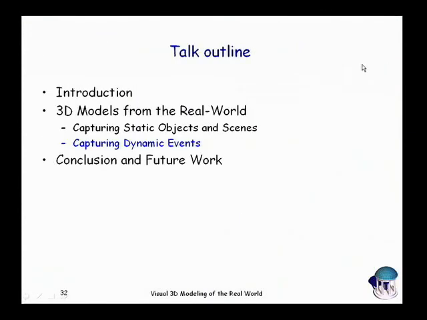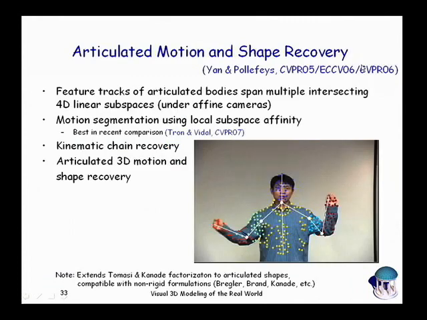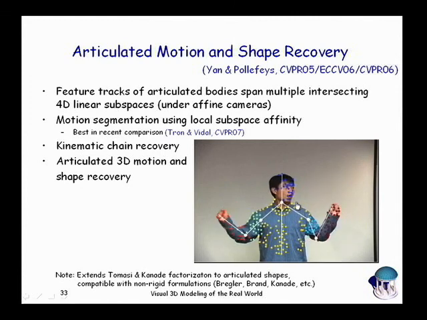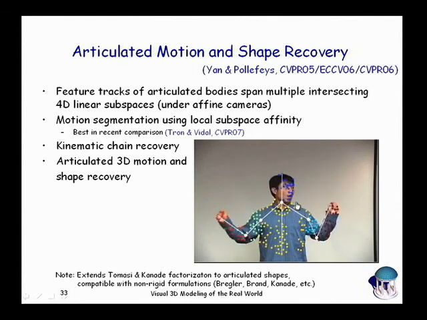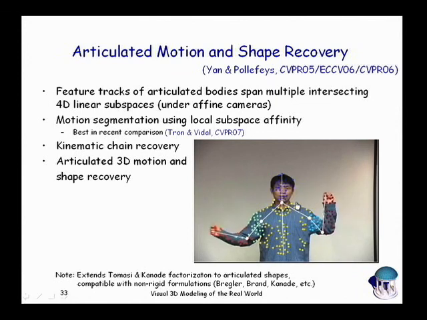Okay, now I'll really quickly go through dynamic scenes. So basically, the first thing we looked at is, how much can we recover from a single video stream? And so what you see here is basically from just tracking features, we automatically segment the motion. There's complications because this is an articulated motion.